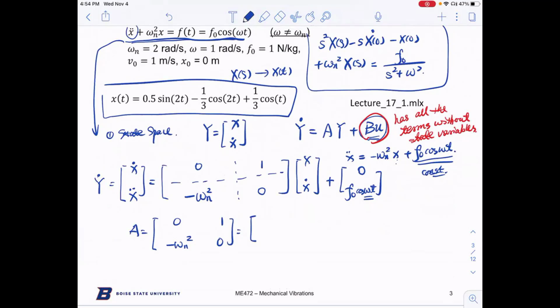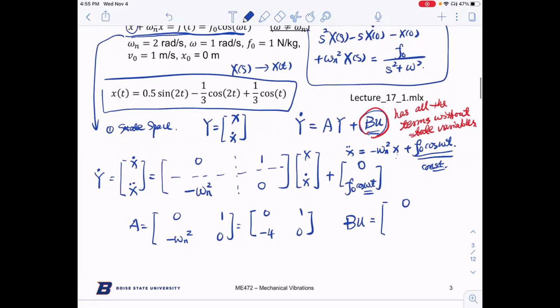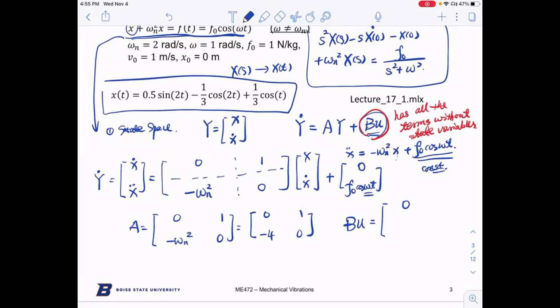That's 0, 1, minus 4, and 0. For the b times u part, we have 0 and f naught. What is f naught? f naught is 1. Cosine omega is also 1, so it's just cosine t.